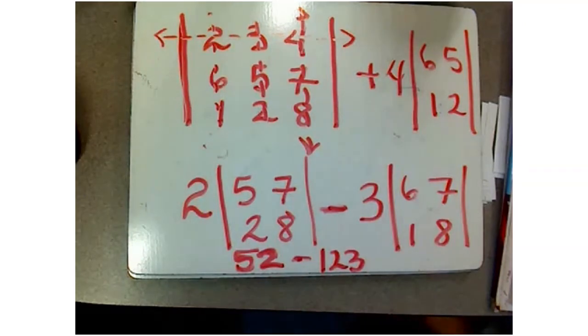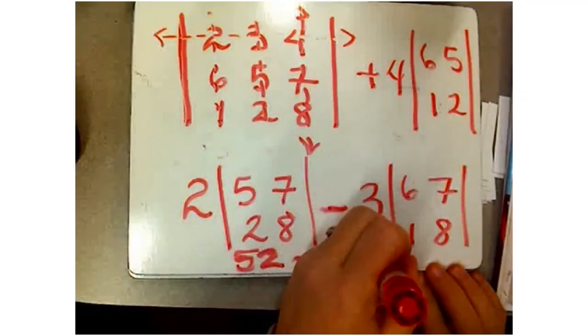Okay. So you're going to have 4 open determinant, 6, 5 close determinant, new row right below it, open determinant, 1, 2 close determinant. What's the determinant of 6, 5, 1, 2? 12 minus 5. Good. 12 minus 5 is 7. 7 times the scalar of 4? 28.